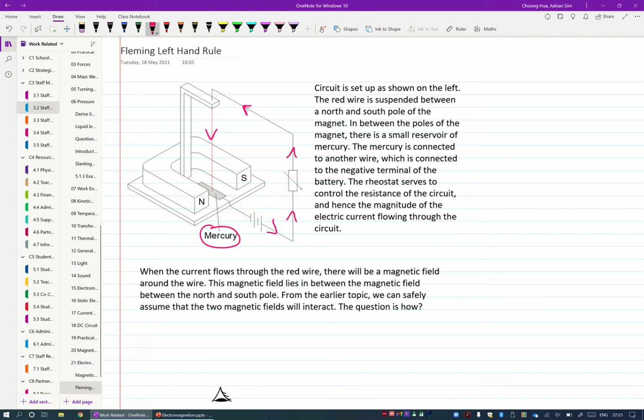You want to put a pool of mercury there because this red wire is loosely hung. It's not connected. And the mercury is a liquid, it allows electric current to flow. So that means this red wire is free to swing around.